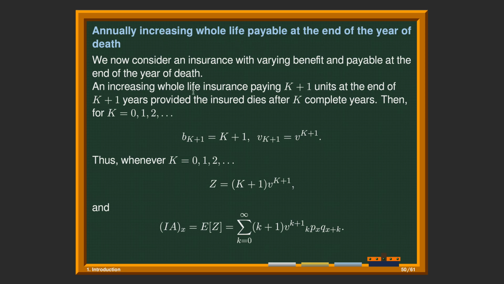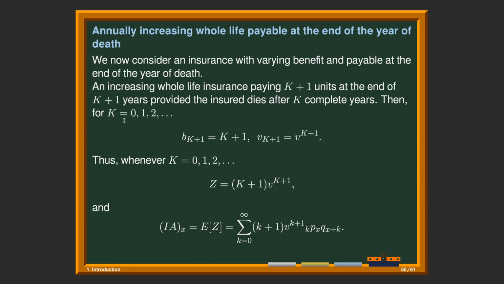So let's go back to the annually increasing insurance. This time, it pays a payment of 1 if death occurs during the first year, of 2 if death occurs during the second year, of 3 if death occurs during the third year. And all of these are paid at the end of the year of death, right?